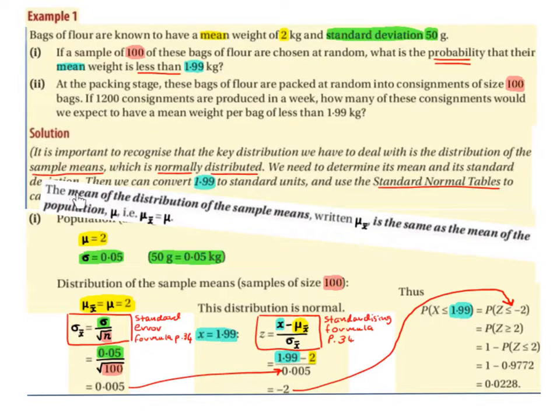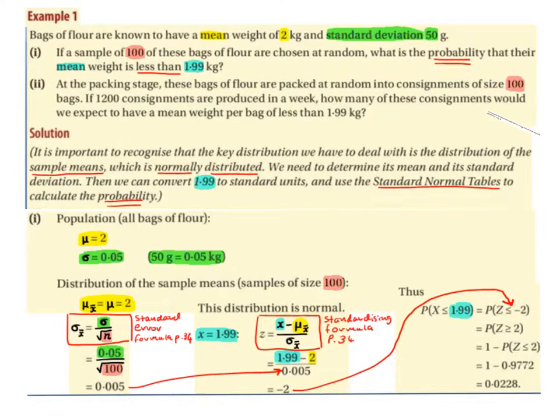So remember, the mean of the distribution of the sample means, written as the mean with x bar stuck on, is the same as the mean of the population, and that is equal to 2. So that was again given in the question. And the standard error, which is a formula given on page 34, is the standard deviation divided by root n. The standard deviation is 0.05 and n is 100, and 0.05 divided by root 100 is 0.005.